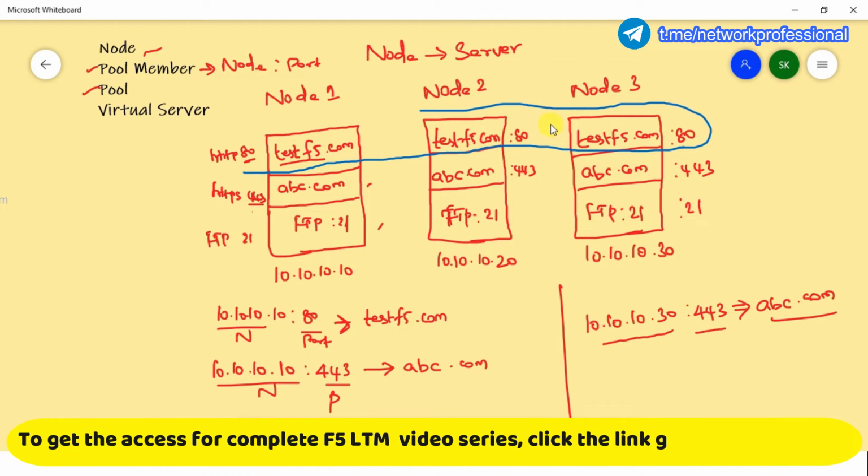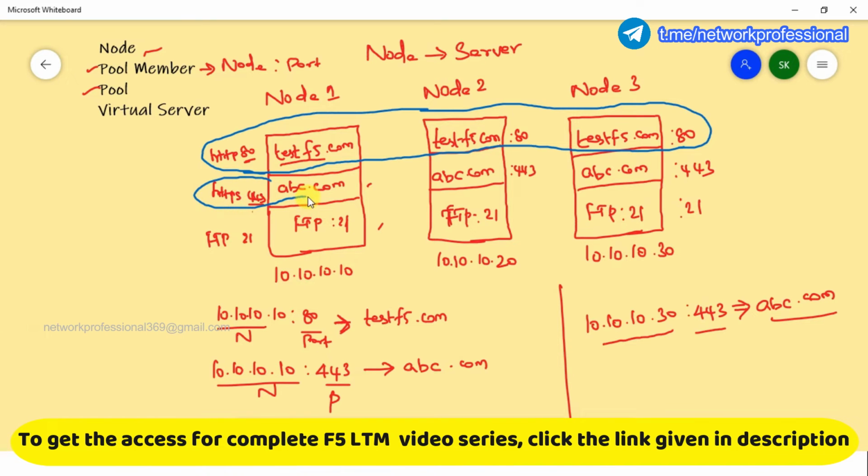They are running on the same service port, so they form a group, a pool. Likewise, if you see abc.com along with service port 443 here, abc.com 443 here, and abc 443 here, they will form a different pool.